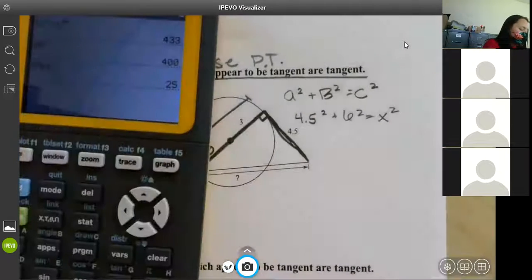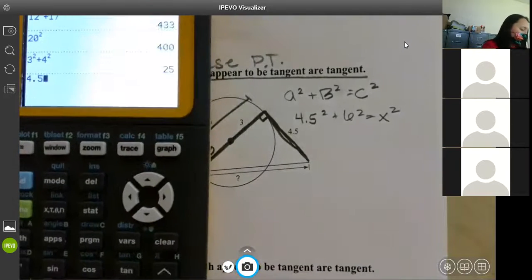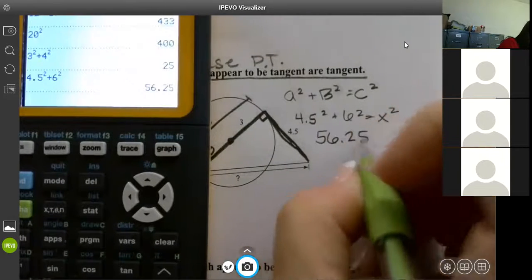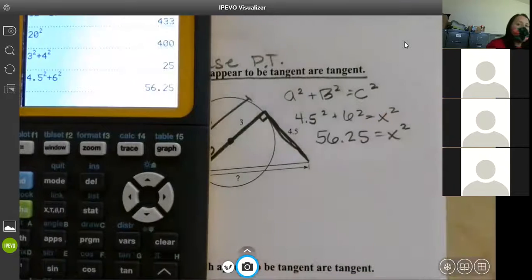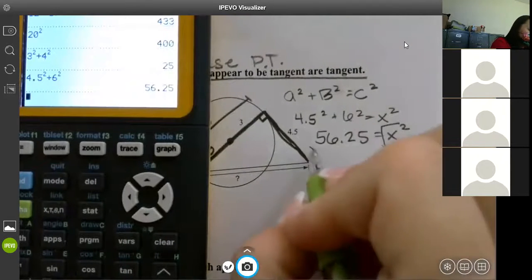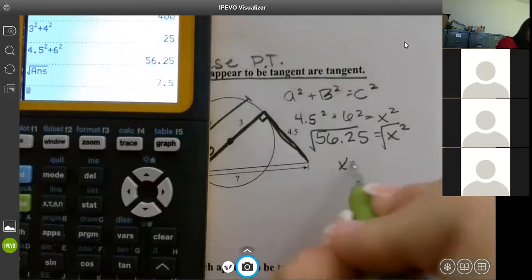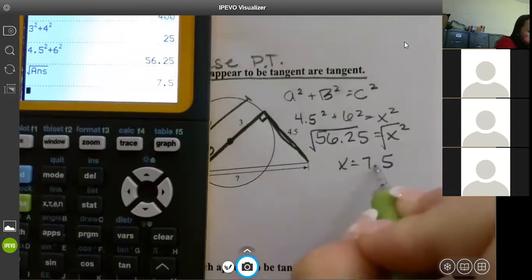Solve your equation. 4.5 squared plus 6 squared is 56.25. And then how do I solve? Take the square root. Then we get X equals 7.5.